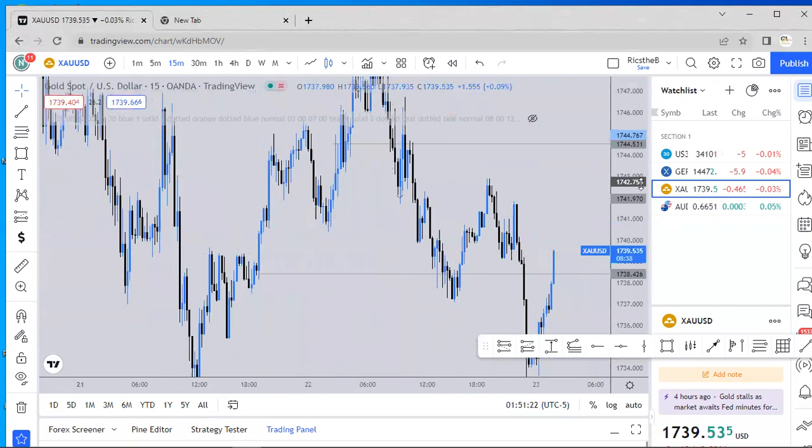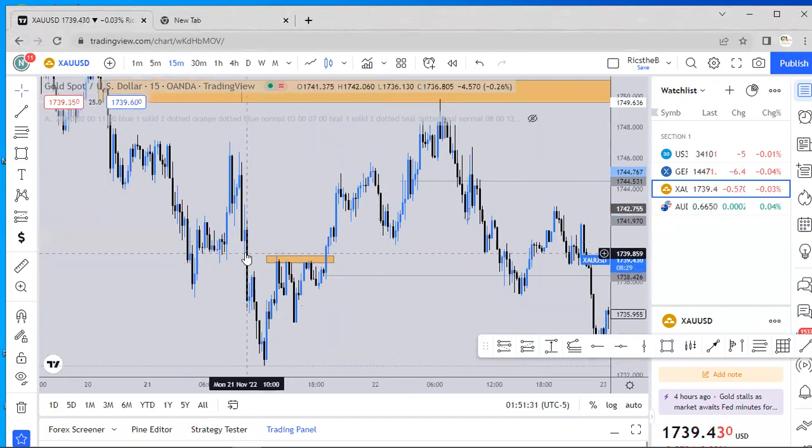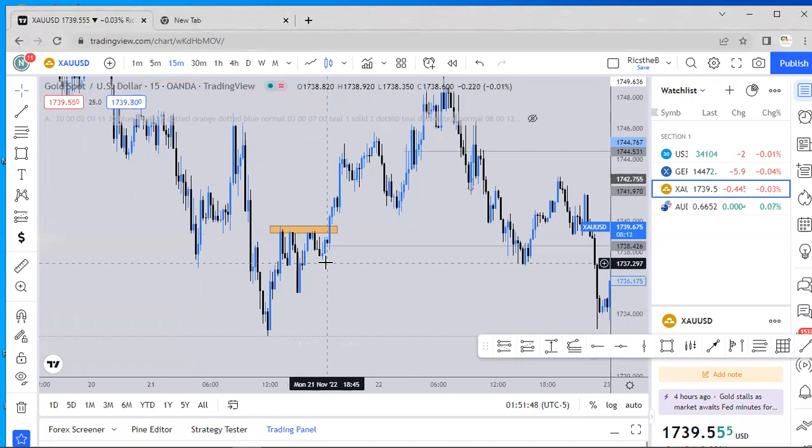I want to show you guys. We have this area here. Potentially, we can see we had this imbalance here. Price rallied, almost filled this, but not completely. Then price started rejecting this level, then again price back to this, then rejection, then price back to this level, then rejection.